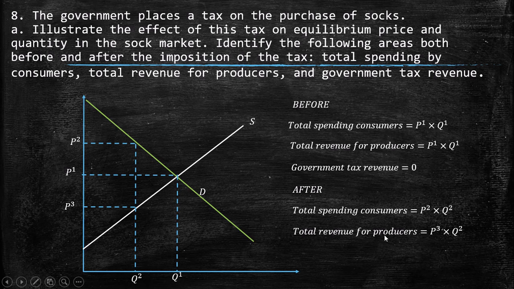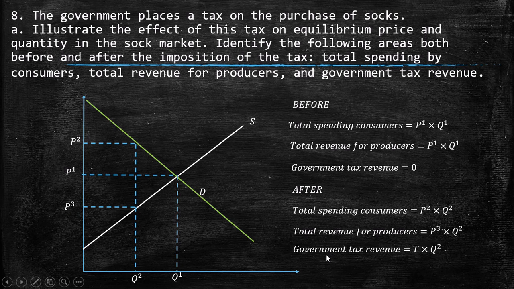What about the total revenue for producers now? It's going to be P3, because from the producer side, unfortunately, they won't receive P2. They will receive P3 because part of this P2 is for paying the government. So the total revenue will be P3 times Q2.